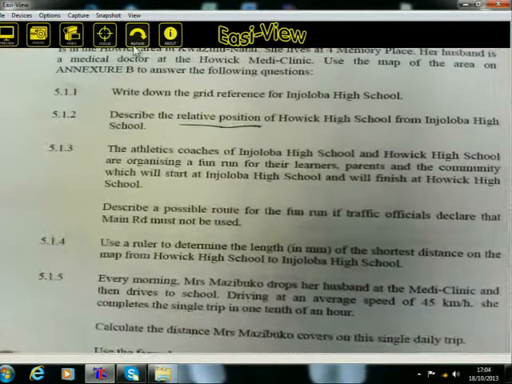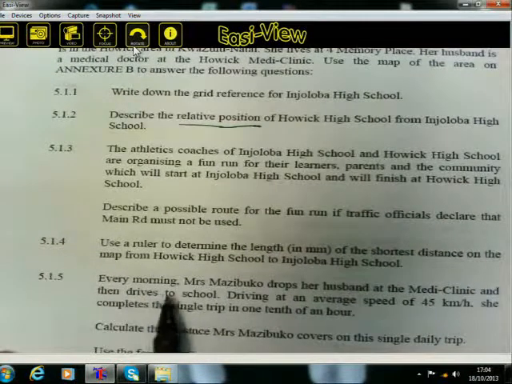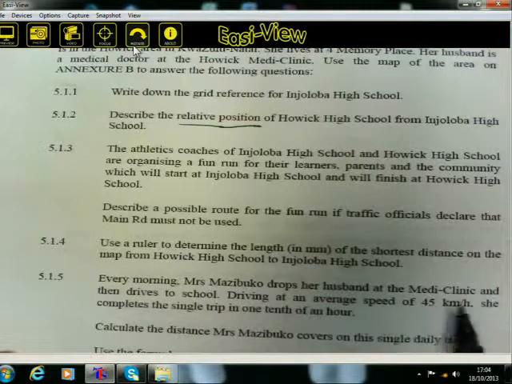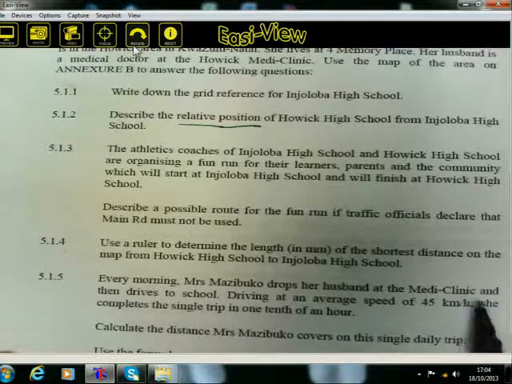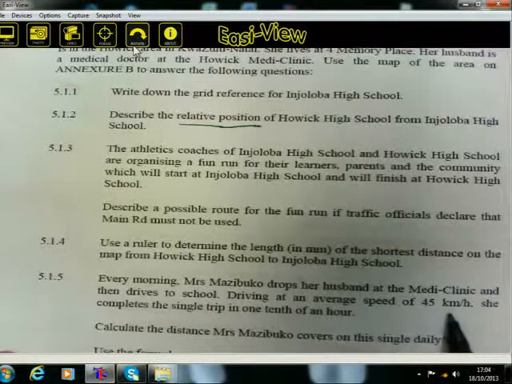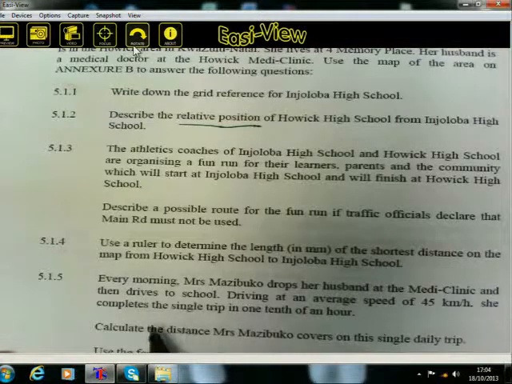Then the next question. Every morning Miss Mazibuko drops her husband at Mediclinic and then drives to school, driving at an average speed of 45 kilometers per hour. She completes the single trip in 1/10 of an hour.